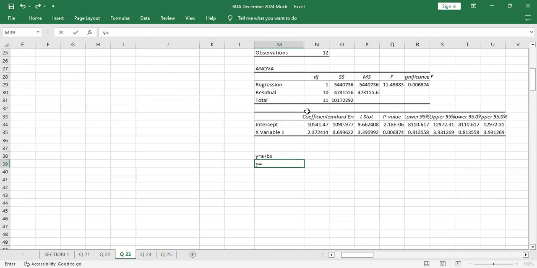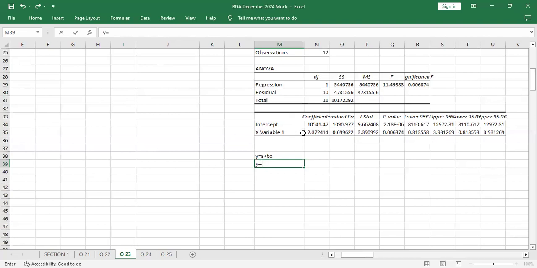You must know how to interpret the ANOVA table. So A is the intercept. You see this intercept? That's A. So this is what will represent A, even if you have more than two independent variables. A will always be the intercept.